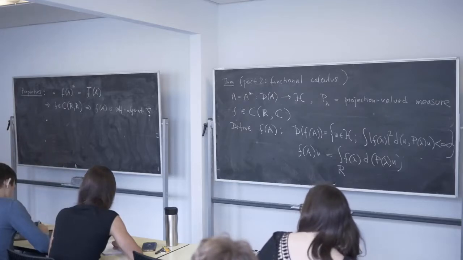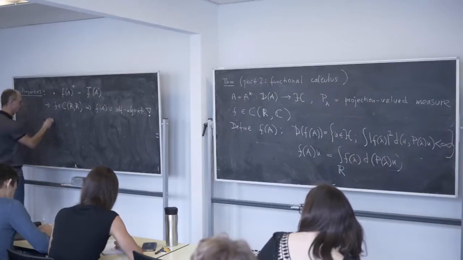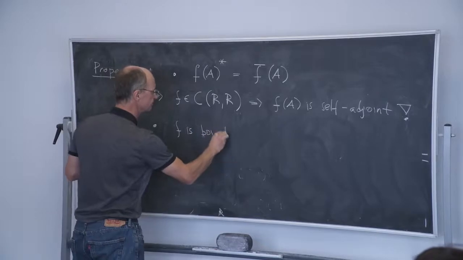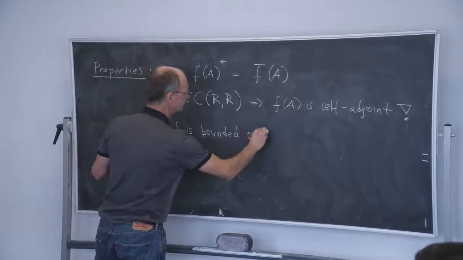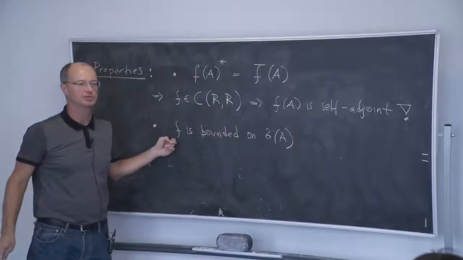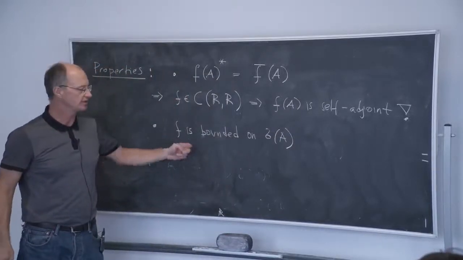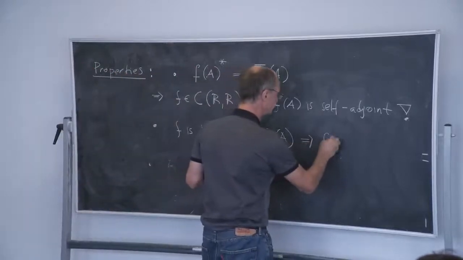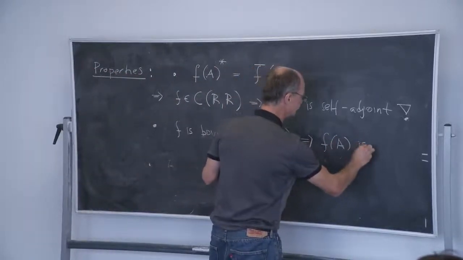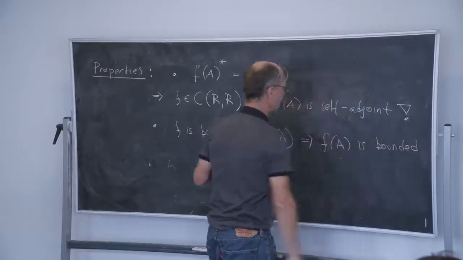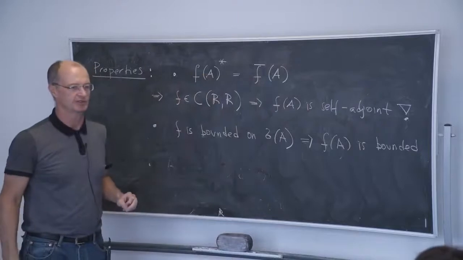Now the second property, suppose that f is bounded on the spectrum of A. It doesn't need to be bounded on the whole of R, but if it's bounded on the spectrum of A, then f of A is a bounded operator.